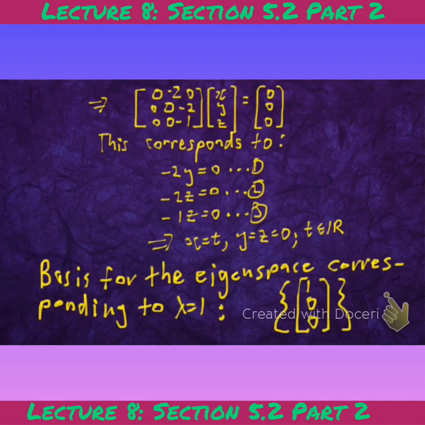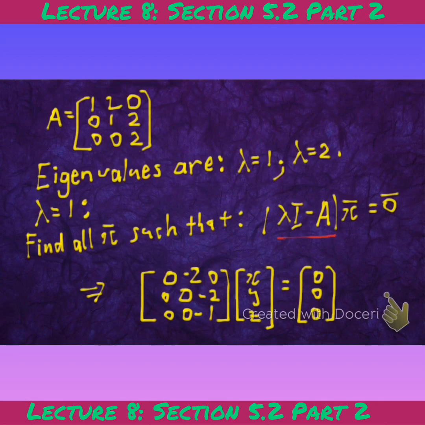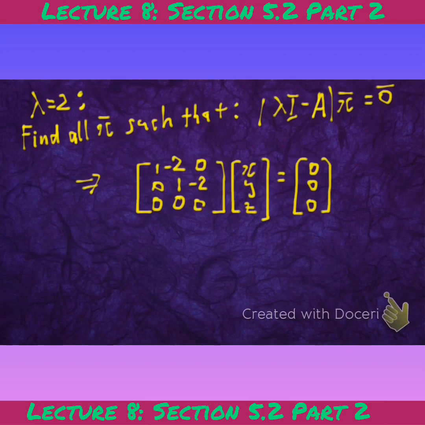Okay? So there's one vector in the basis for the eigenspace corresponding to lambda equals 1. So now we need to just look at the case where lambda is equal to 2. So for lambda equals 2, we need to find all non-zero vectors x such that this holds. And when lambda is 2, this becomes that there.